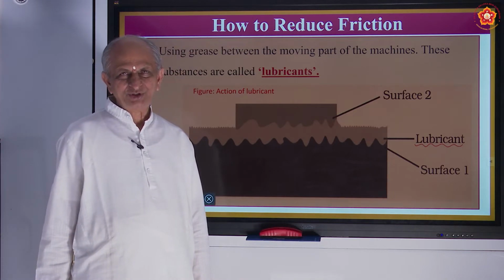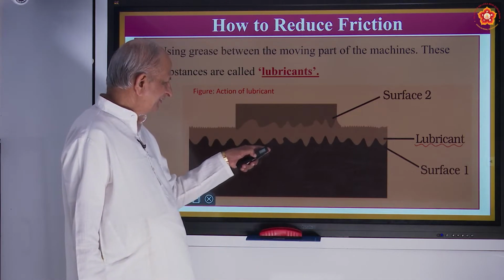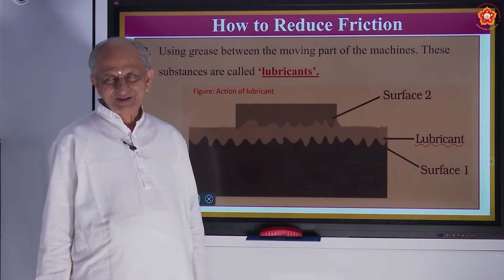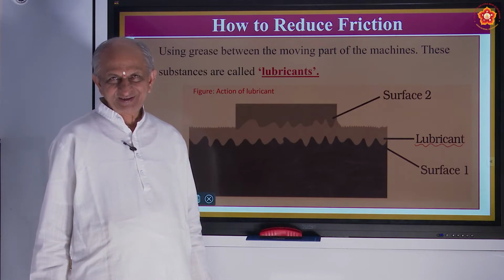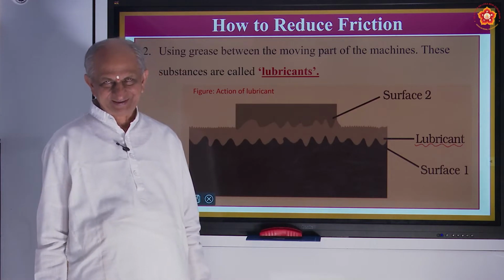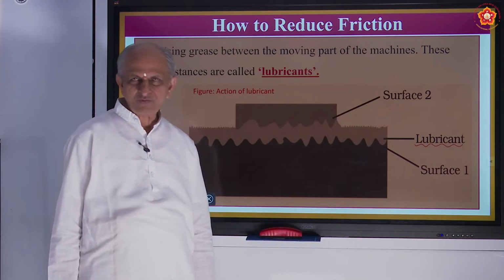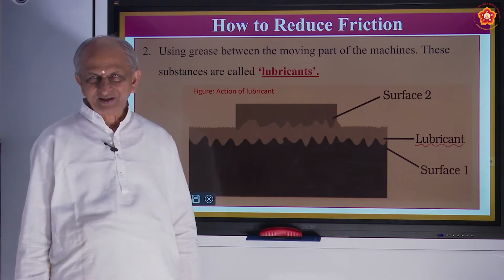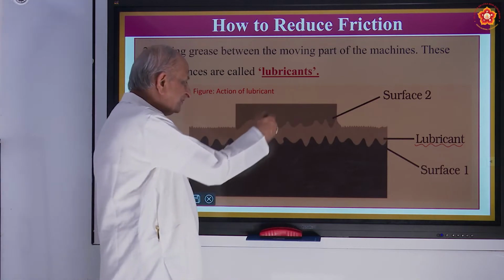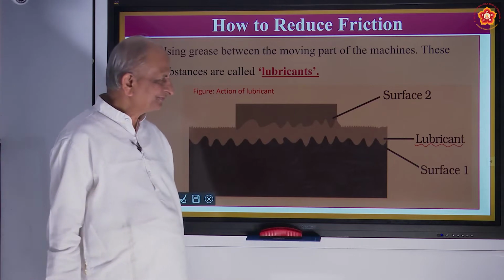So devotion to God is like grease. When we are working in different situations, there will be little friction here and there. But if there is a grease of God's love or God's name, chanting of God's name, this friction will not be there, or it will be reduced.